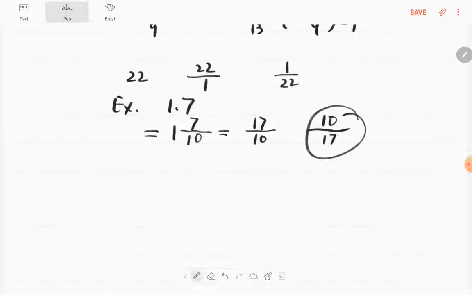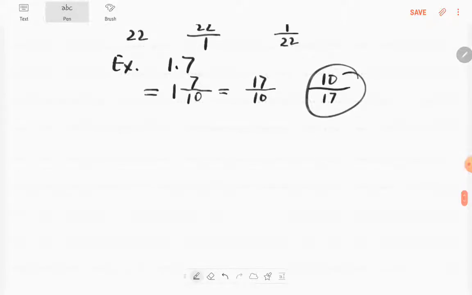But the reciprocal of the number always has the same sign. If it's a negative number for the original number, then its reciprocal is also a negative number. If it's a positive number, the reciprocal is a positive number. The sign will not change. Okay?